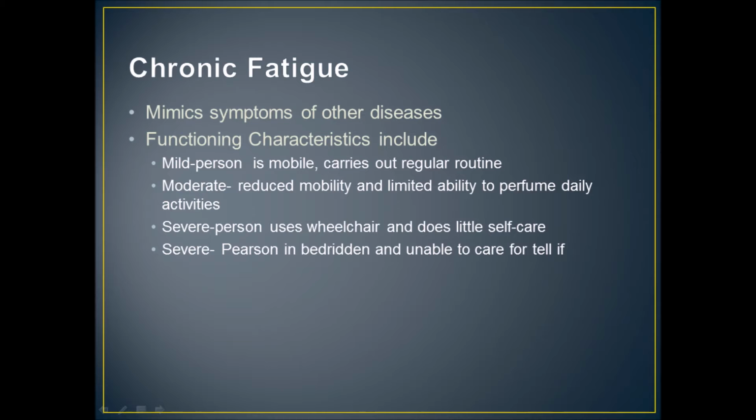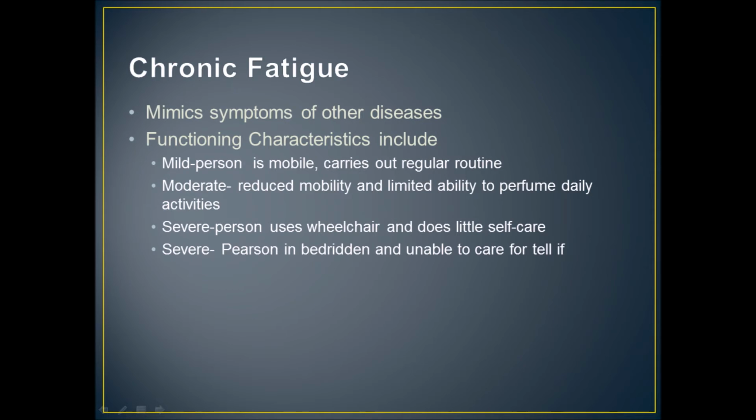Chronic fatigue mimics symptoms of other diseases. So a mild person is mobile, carries out regular routine. A moderate is typically reduced mobility and limited ability to perform daily activities. A severe person uses a wheelchair and does little self-care. And the most severe person is bedridden and they're unable to care for themselves.